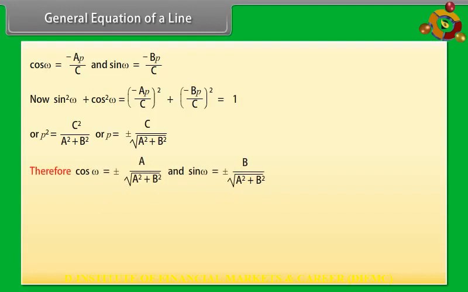Therefore, cos omega = ±a/square root of (a^2 + b^2), and sin omega = ±b/square root of (a^2 + b^2).